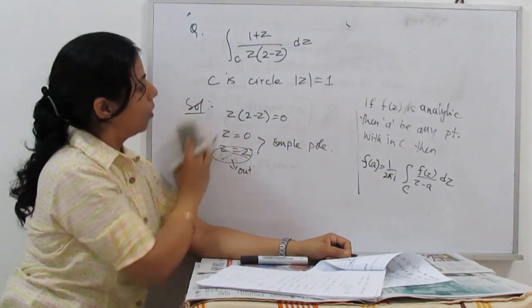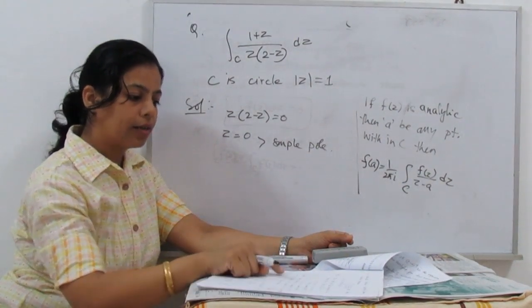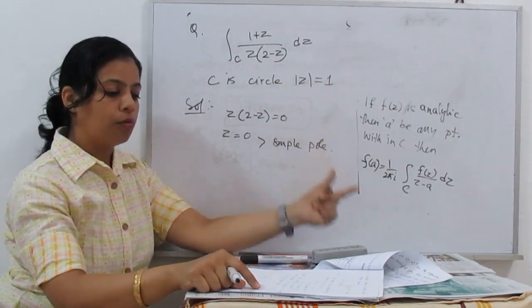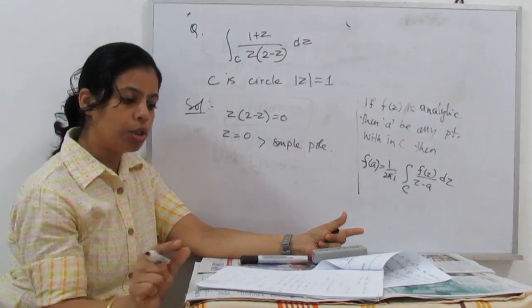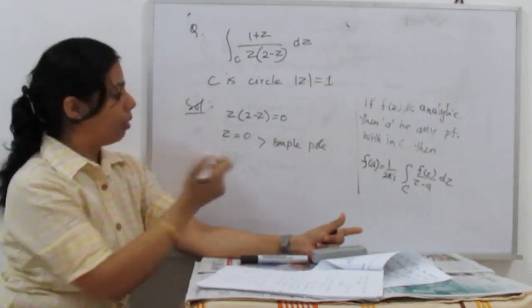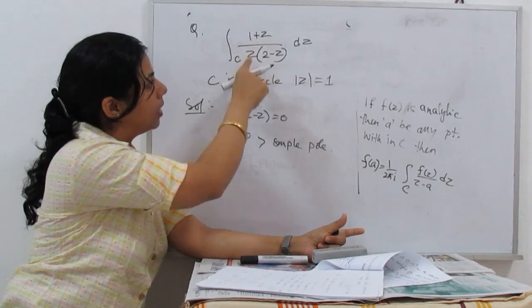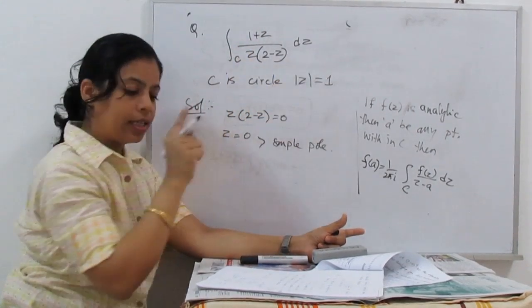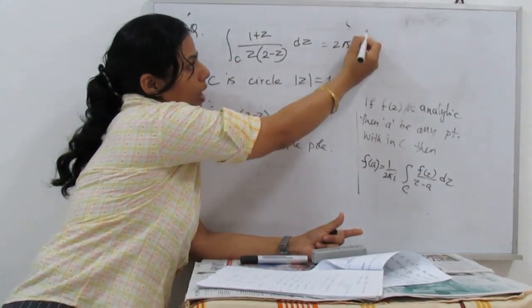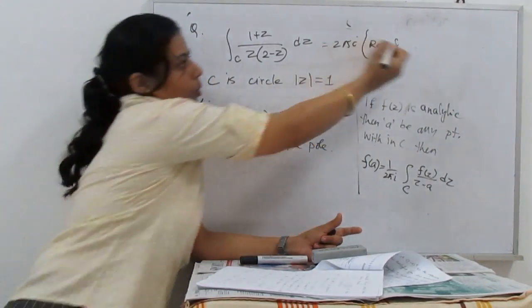So further, the integrand is an analytic function at all points inside modulus z equal to 1 except z equal to 0. By the residue theorem, the integral over C of (1 plus z) upon z(2 minus z) dz is given by 2 pi i times the residue of f at 0.